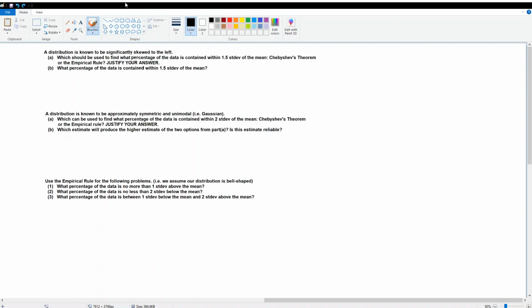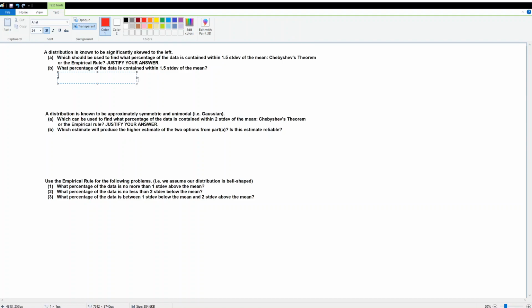So we have a distribution that is known to be significantly skewed to the left. Part A says, what should be used to find what percentage is within 1.5 standard deviations of the mean? Chebyshev's or the empirical rule? Justify your answer. So we're going to use Chebyshev's theorem.